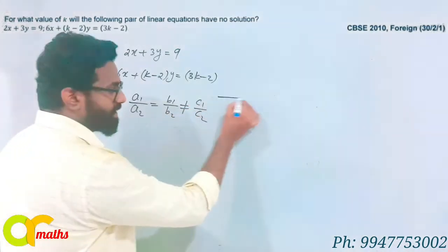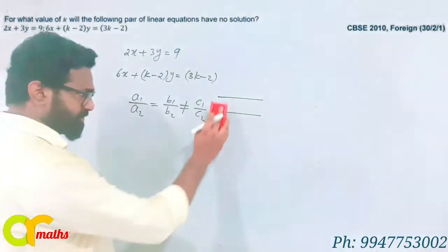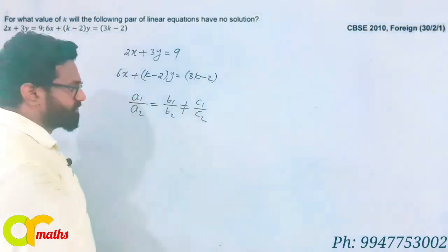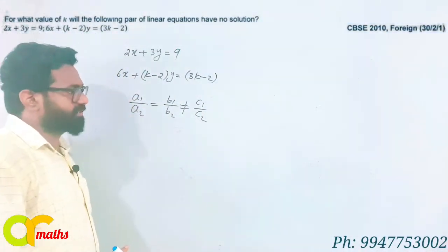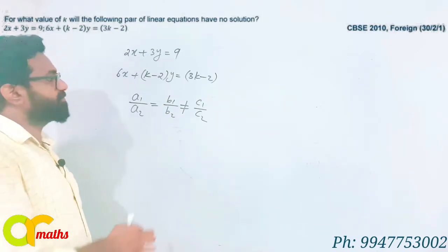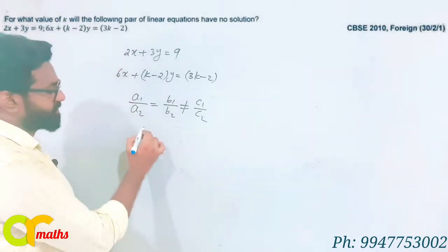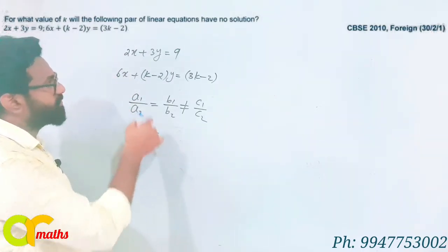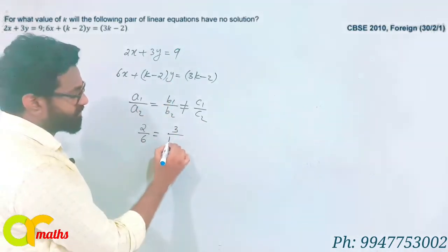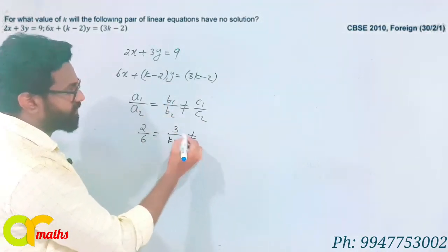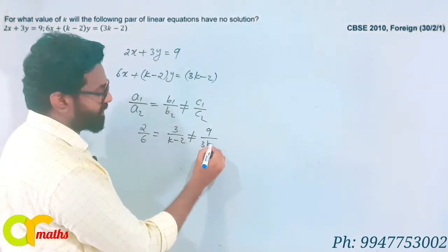In the case of parallel lines, if two lines are parallel, there is no solution. So compare the ratios: 2 by 6 equals 3 by (k - 2), not equal to 9 divided by (3k - 2).